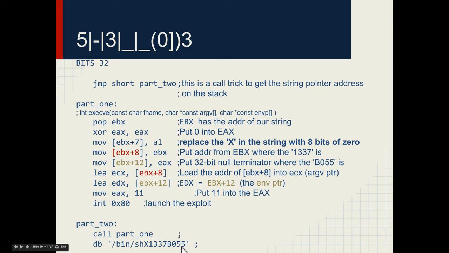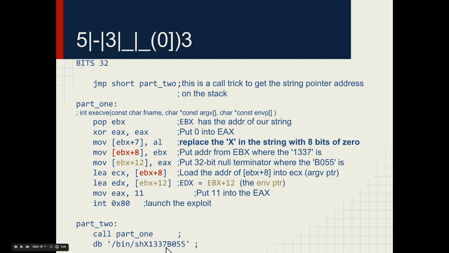We now overwrite all of B055 with a null terminator. So it's completely null terminated. So we now load the effective address for EBX plus 8 into ECX. So ECX is now pointing to where 1337 has been overwritten. Okay?